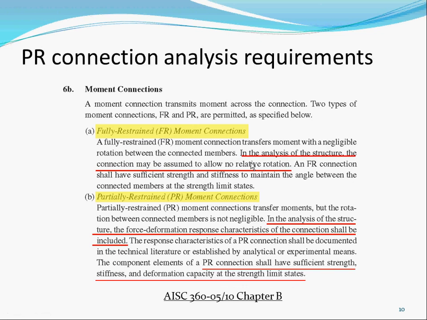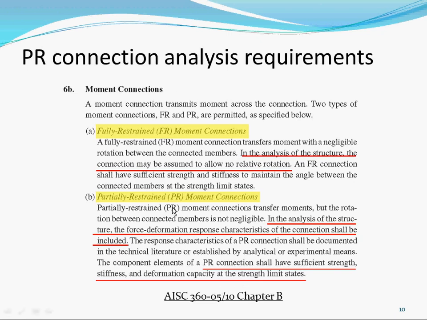Just connect the beam and column and you call it good, and just design your connection. However, when you have a PR connection, in the analysis of the structure, the force-deformation response characteristic of the connection shall be included. So how the connection deforms, you need to include it in your model. Whereas the other one, you don't have to include it.